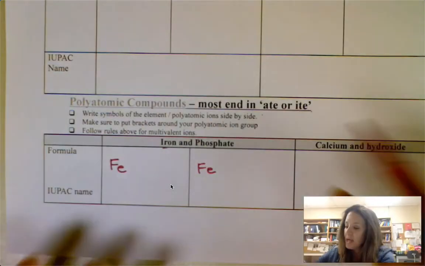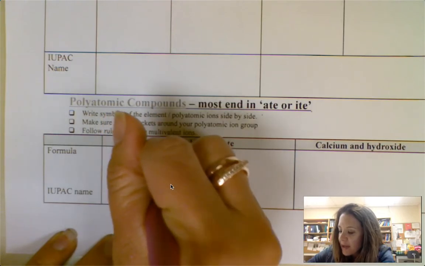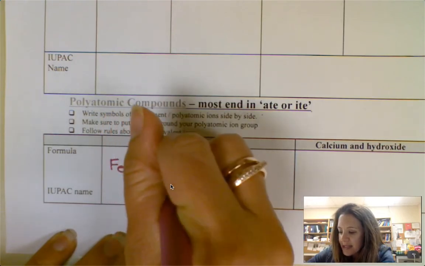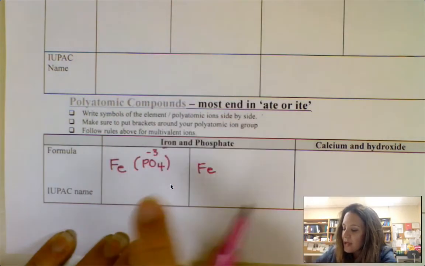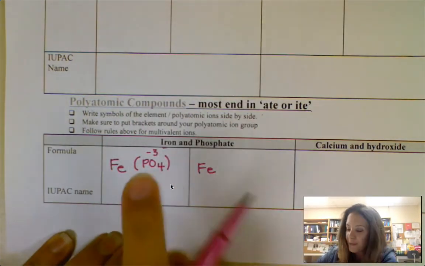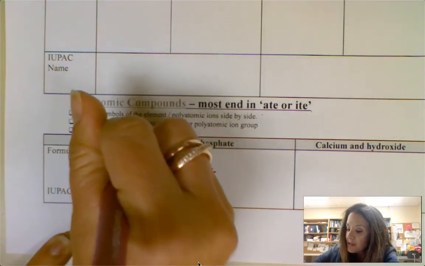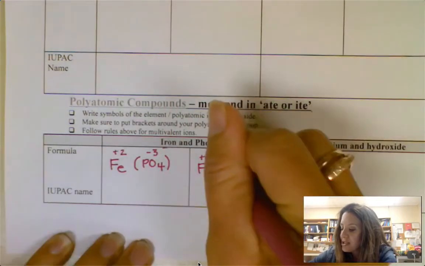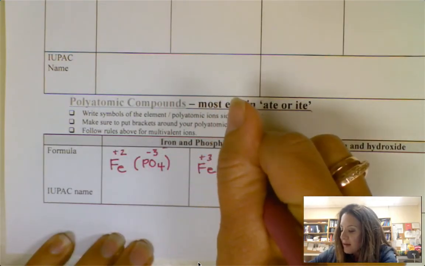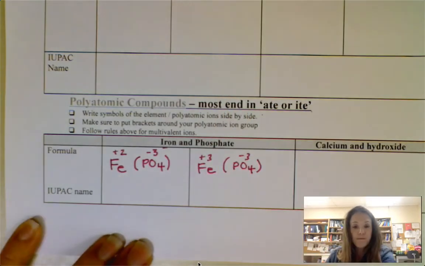Any of our polyatomic ions, we always put in brackets to start with, and I put the respective charges. I know that this is a -3, and iron can be either a +2 or a +3. So I will choose two different options, option 1 and option 2, for iron.